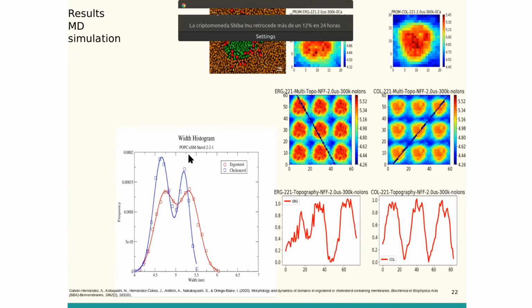We get some difference in height, but not the difference that I showed previously in the AFM results, which was about a nanometer. And that's a problem because we wanted to validate our simulation conditions. We are getting something similar, but not quite, because we don't reproduce this important difference that the AFM was giving.